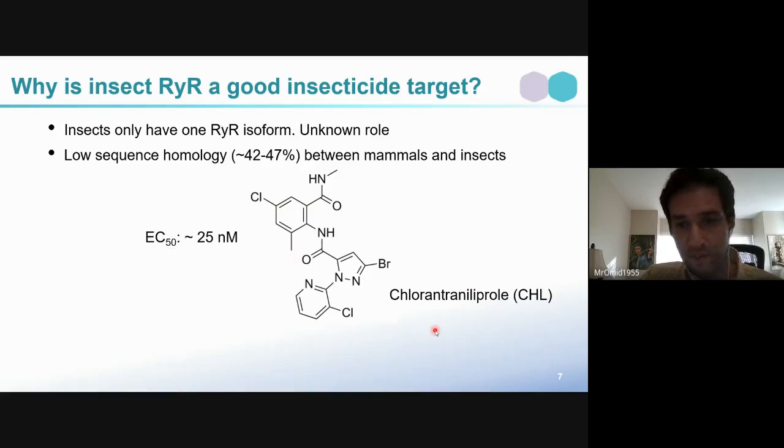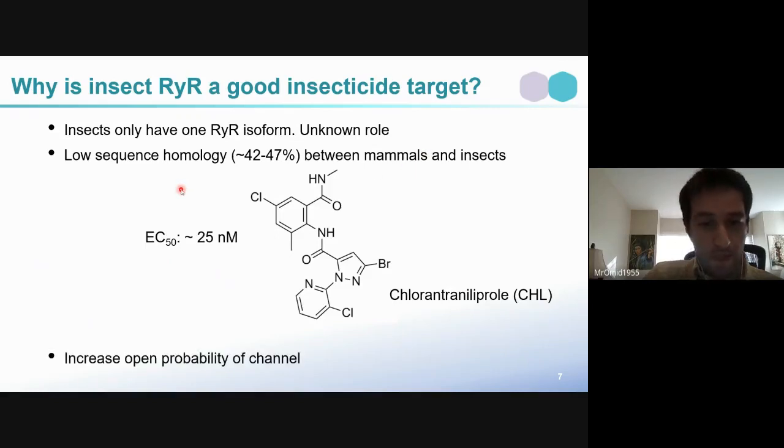The affinity for this drug, chlorantraniliprole, or I should say the EC50, is roughly 25 nanomolar. So it's really quite specific, and it is about 250-fold lower in mammals, partially because of the low sequence homology between mammals and insects. It was known before we started this project that this compound increases the open probability, which leads to feeding cessation, a lack of mobility, and eventually death of the insects.